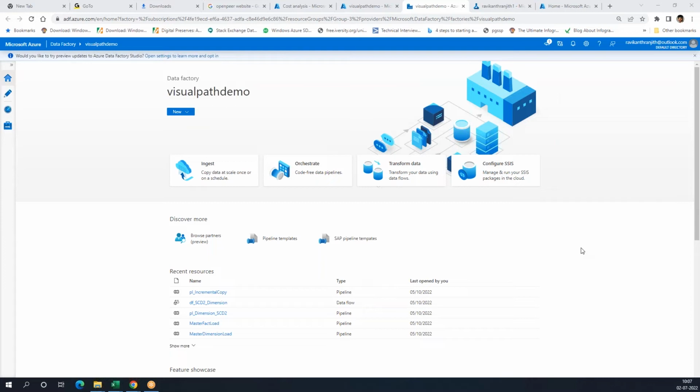Meaning whichever solutions they're trying to build, or if there are new changes to existing solutions, they want to incorporate one of the cloud technologies, be it AWS, Azure, or GCP, Google Cloud Platform. So here we are to discuss Azure data engineering content.